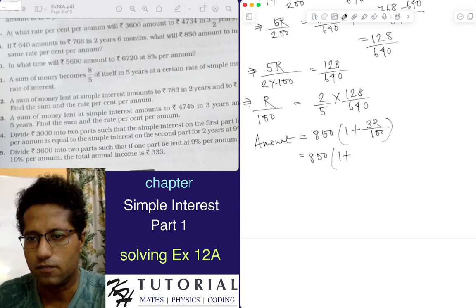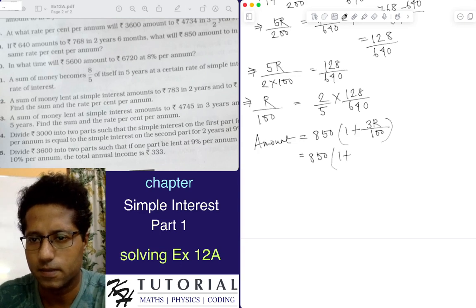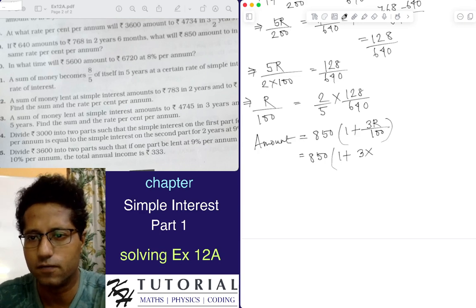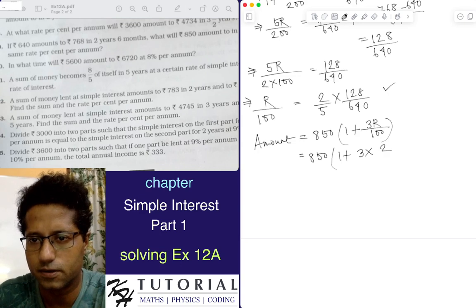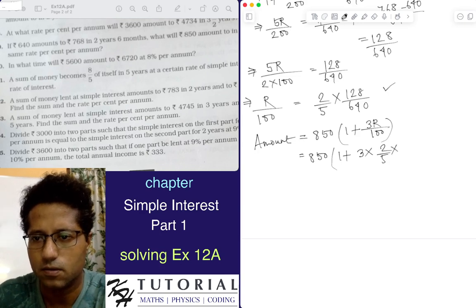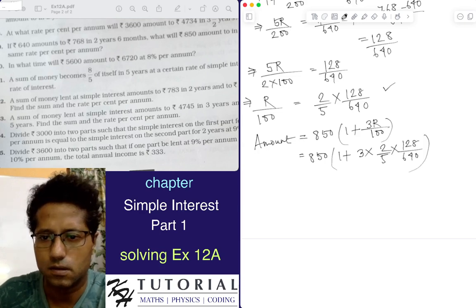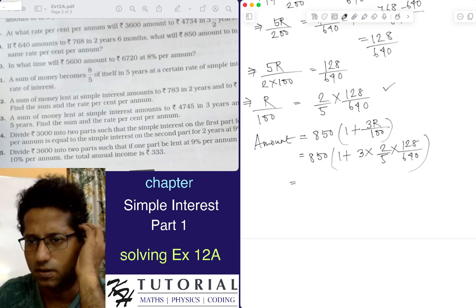Now we know the value of R by 100, so we have to multiply it with 3. The value of R by 100 we already found earlier is 2 by 5 into 128 by 640. Now the calculations are very complex, but anyway you have to do it.